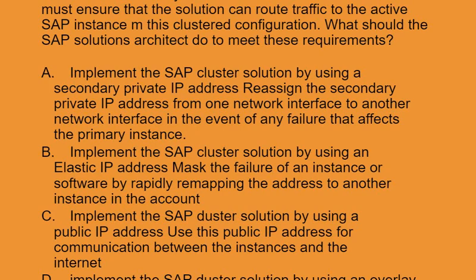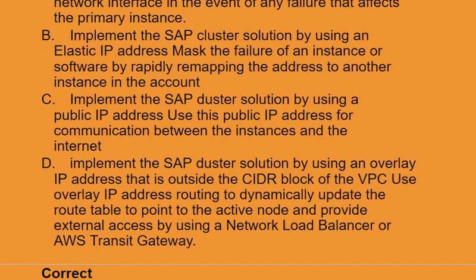Option C: implement the SAP cluster solution by using a public IP address. Use this public IP address for communication between the instances and the internet. Option D: implement the SAP cluster solution by using an overlay IP address that is outside the CIDR block of the VPC.